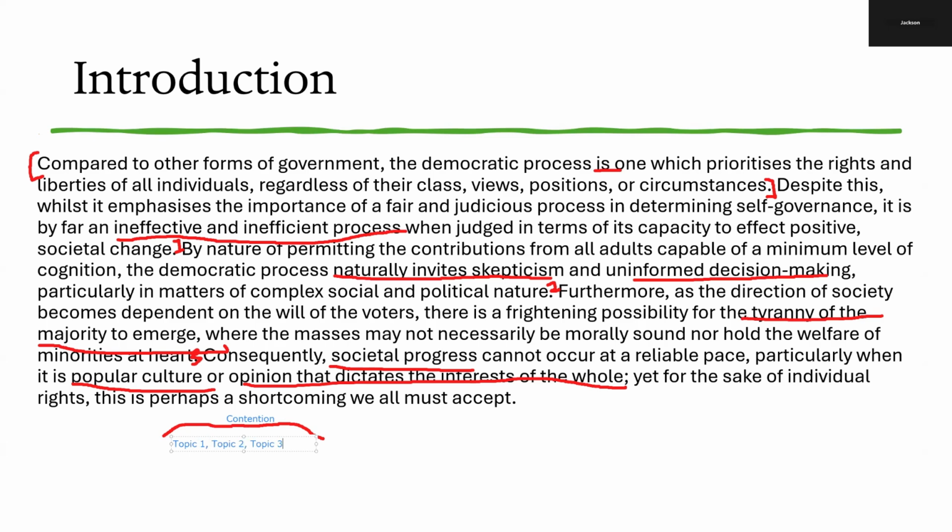As such, all right? And we have that logical arrangement where the topic sentence, the contention here regarding the ineffective and inefficient process is sitting here. And then underneath it, we have specific forms of ineffectiveness and inefficiency as highlighted here. So that's the structural strength of this introduction.